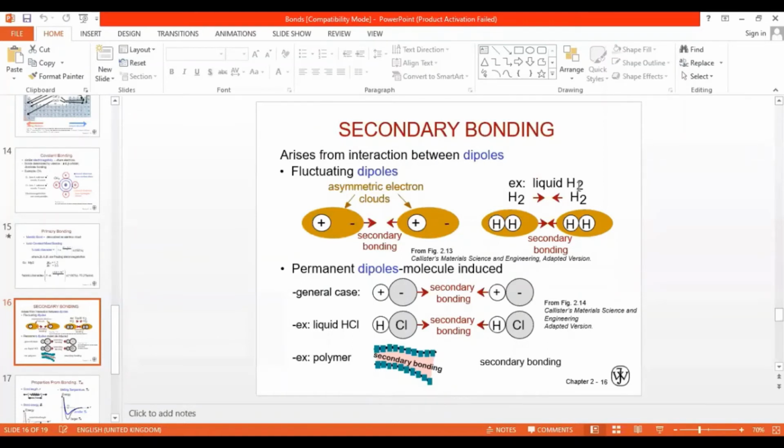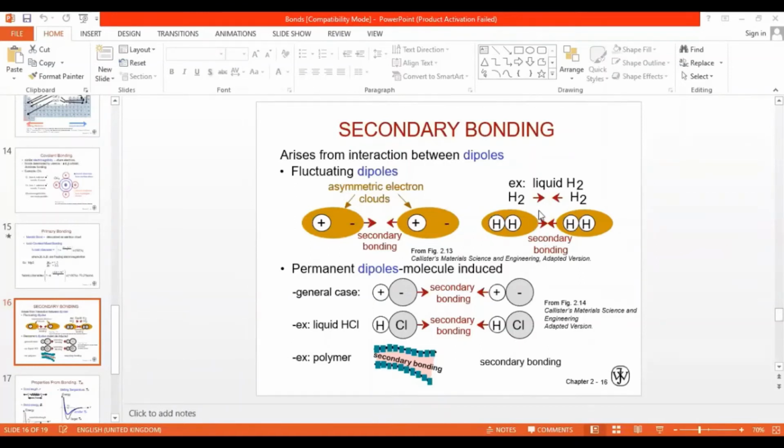Once they share, both atoms become H2. Between one H2 liquid molecule and another H2 liquid molecule, there should be some connection, some attraction. Otherwise, they will not stay together.